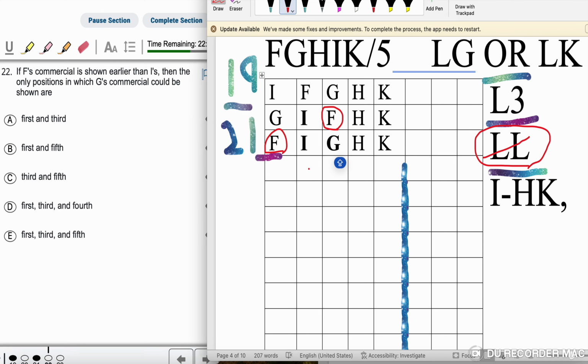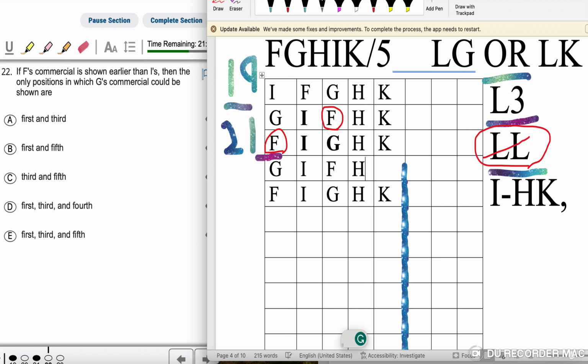So for right now, we're going to go ahead and make 2 worlds, and we're going to put F earlier than I. And then with that being said, we're going to follow the rest of the conditions where H and K have to be after I. And also G is going to be displayed in the third position. And for this one, we can put G in the first one, I in the second one, F in the third one.